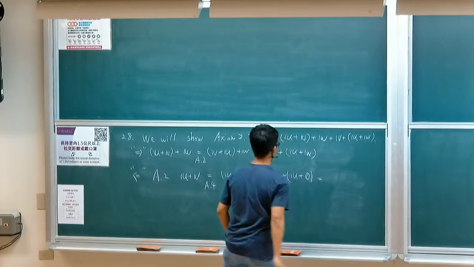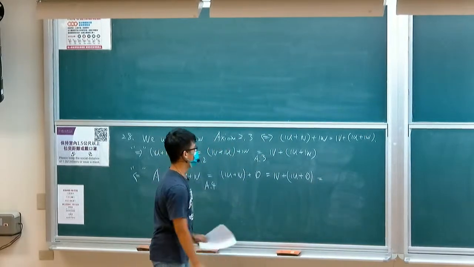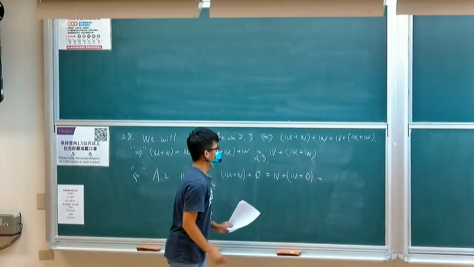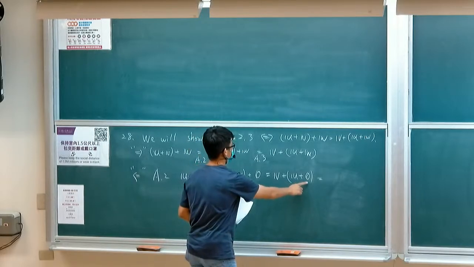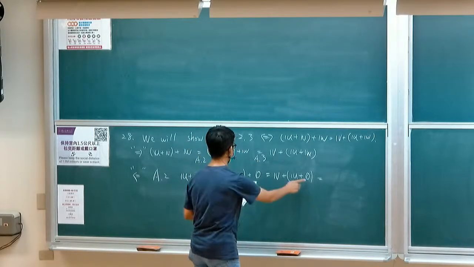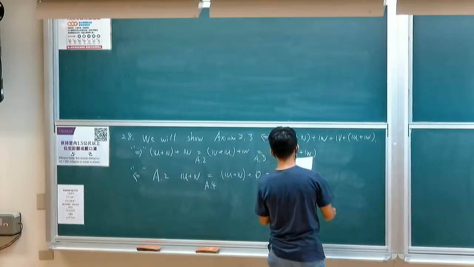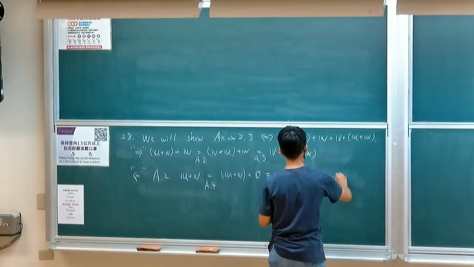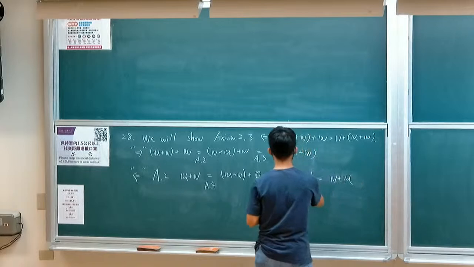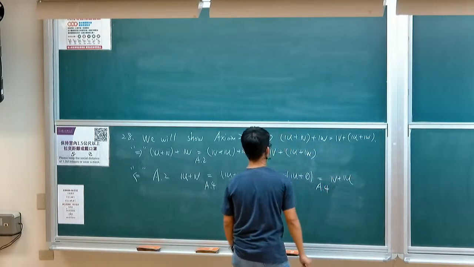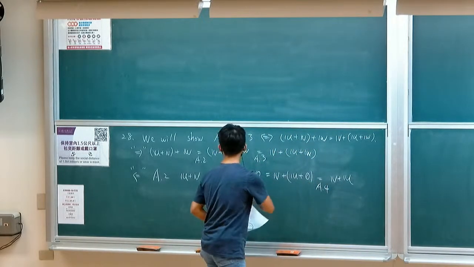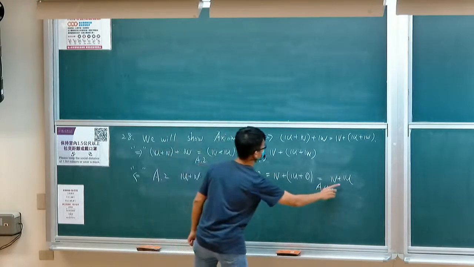And again, by axiom 4, we have u plus v equals v plus u.